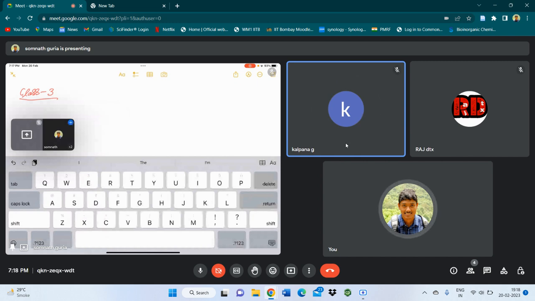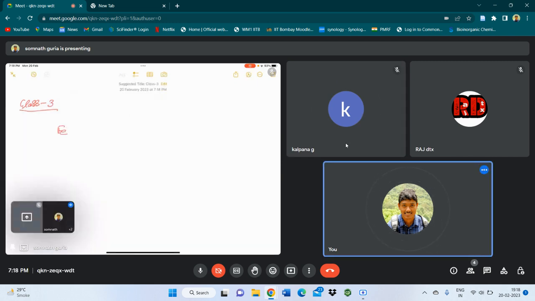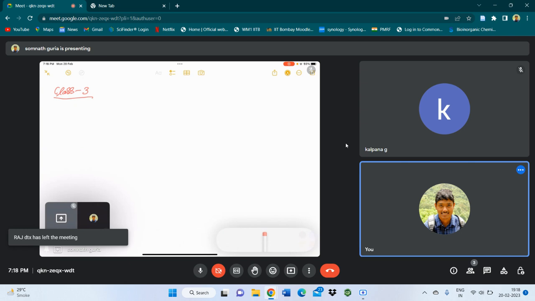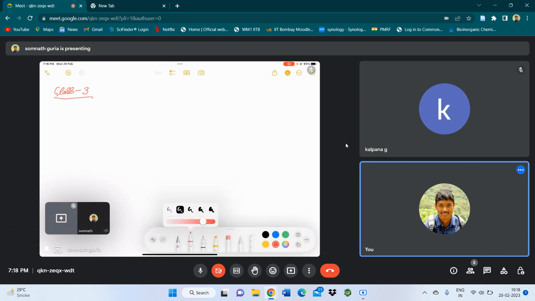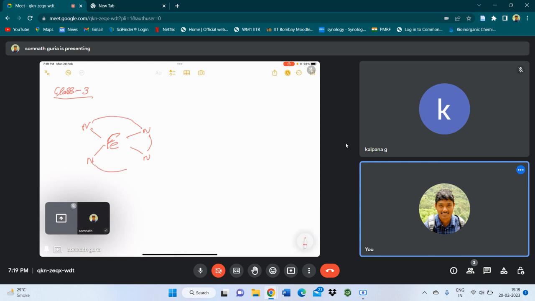This is the iron center coordinated with the four nitrogen-containing porphyrin system: Fe, nitrogen, nitrogen, nitrogen, nitrogen, and axially bound to the axial histidine.